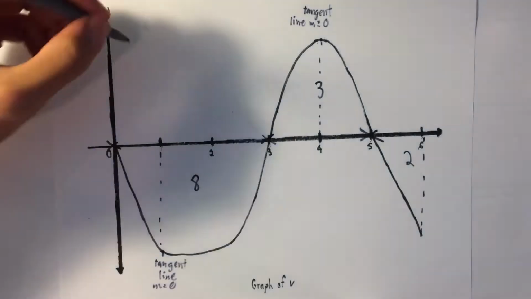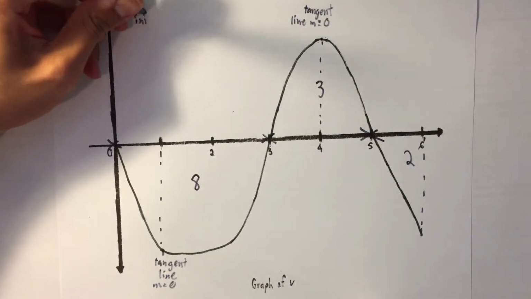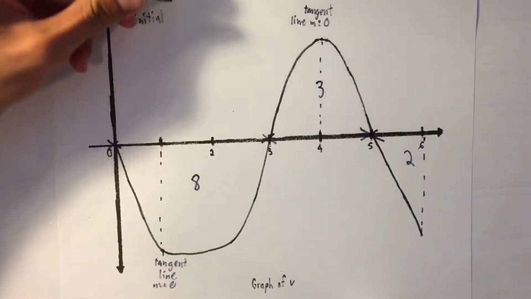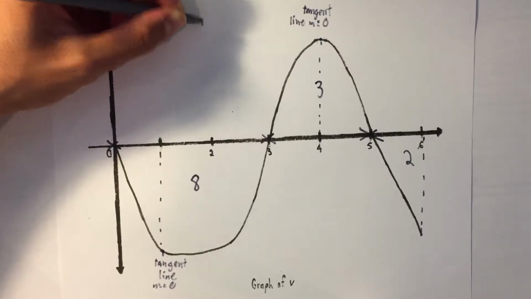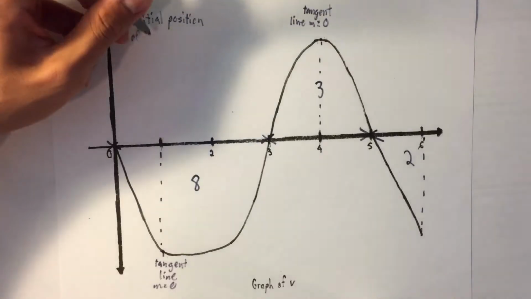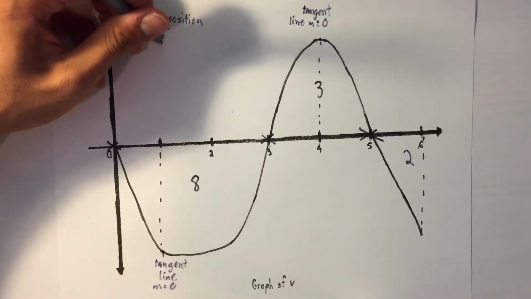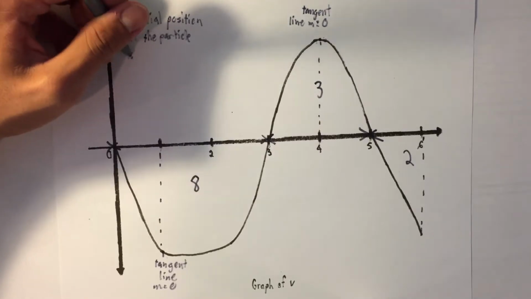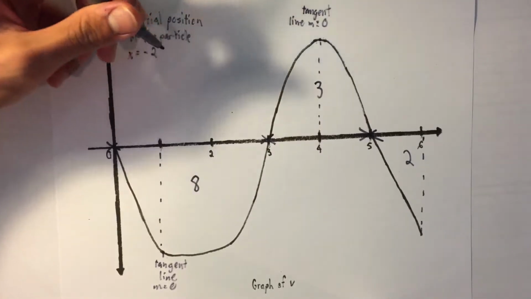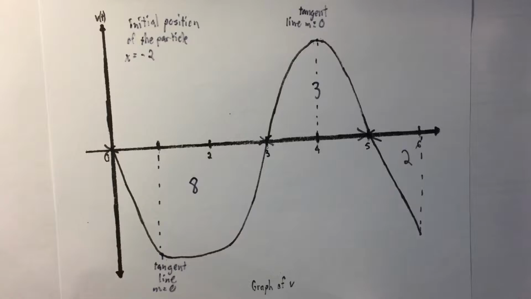In addition, we know that the initial position of the particle is at -2. So given that, this is all the information we need to know for the problem.